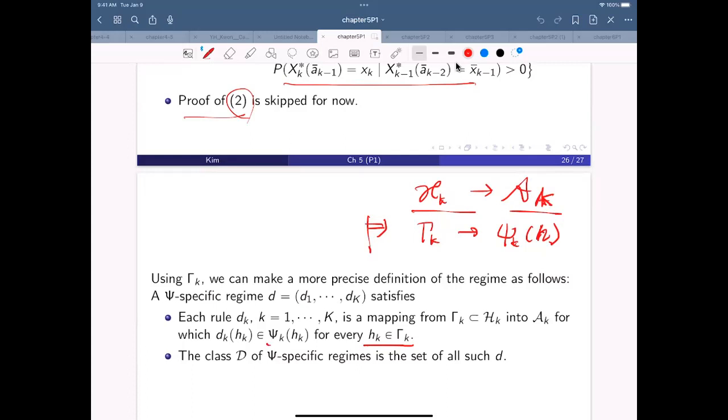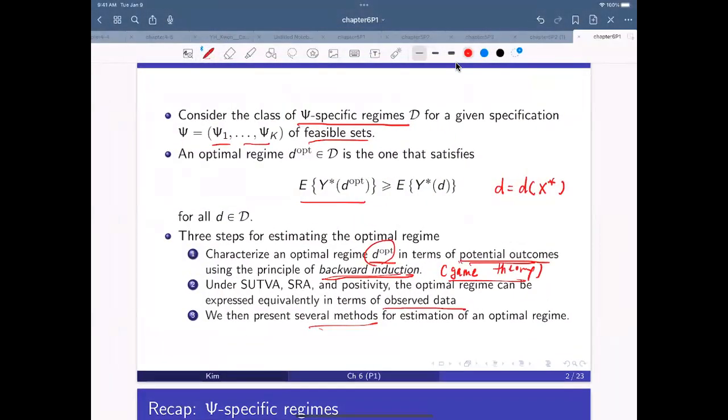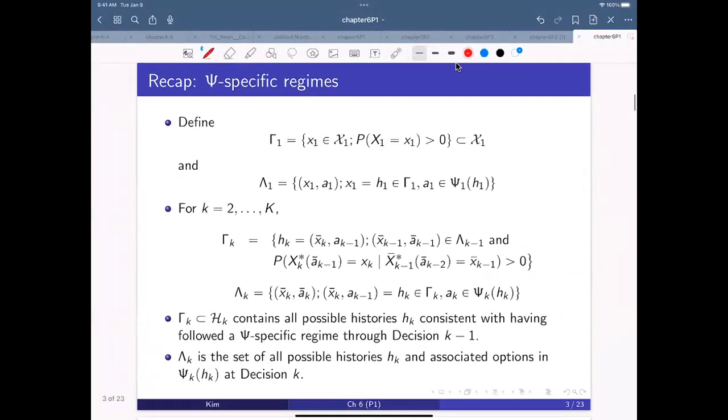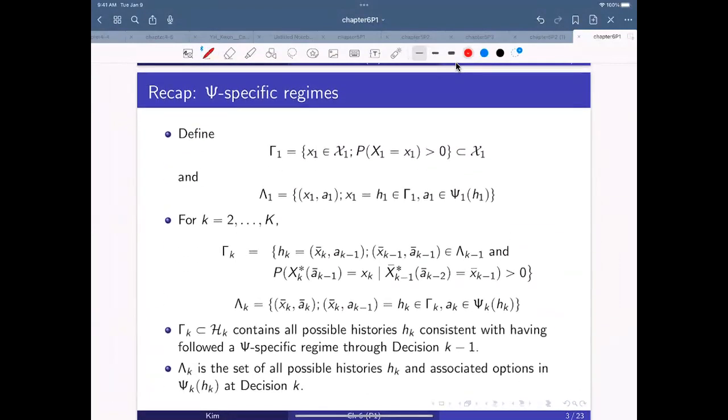You just have limited options, and this is a subset of A. This is just a mathematical formulation to make it a general statement, but the idea is not really critically important, I think.